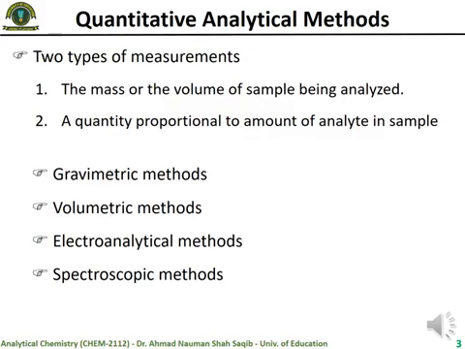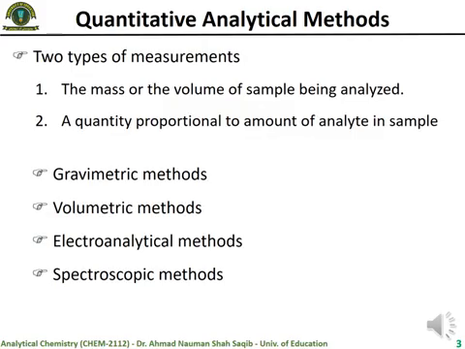For example, as we discussed before, we can use the absorption of light, or the transmittance of light, to determine the quantity of a specific analyte present in the sample. So in spectroscopic methods we basically use the interaction of electromagnetic radiation with the analyte of our interest.